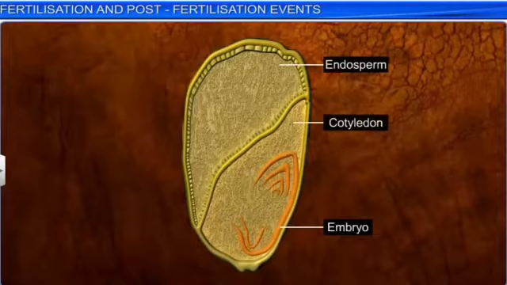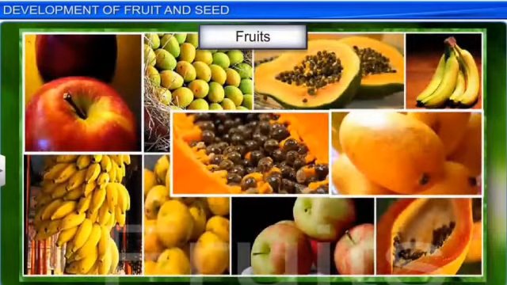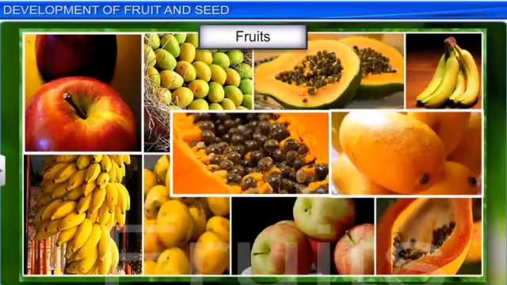It is often described as a fertilized ovule, and the seeds are formed inside a fruit. A typical seed consists of a seed coat, the cotyledons and the embryonal axis.